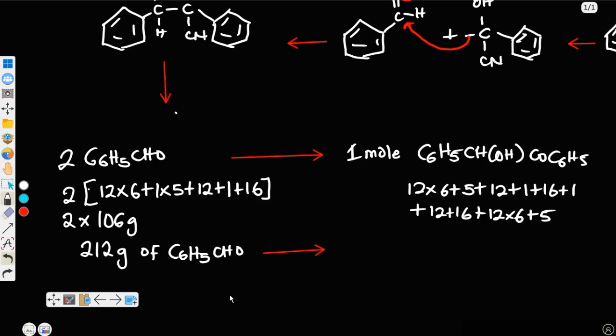Are you sure this is correct? Yeah, it's supposed to give us 212 because we actually used 2 moles of this to form it. So nothing was actually lost at the end of the day. The reason why I'm asking is because here, I got 211. Let me just check. Molecular mass of benzoin.